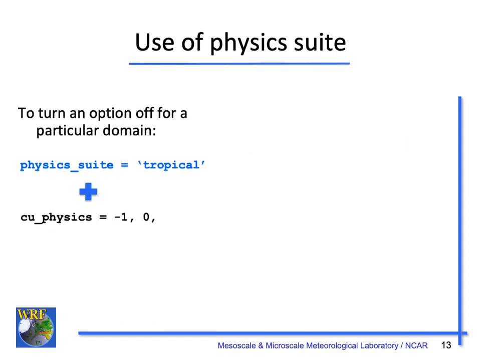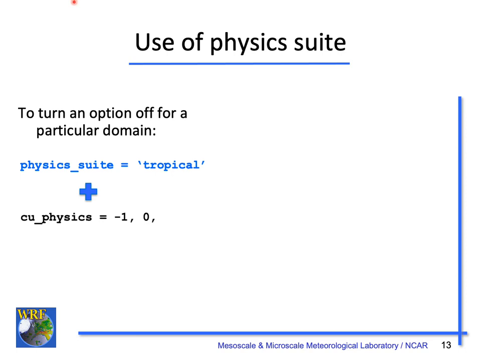We can modify the suite by overwriting any of the individual members. For example, to turn off the cumulus option in a fine domain where the cumulus scheme should not be used, we can set physics suite to tropical and add the CU physics option in the namelist.